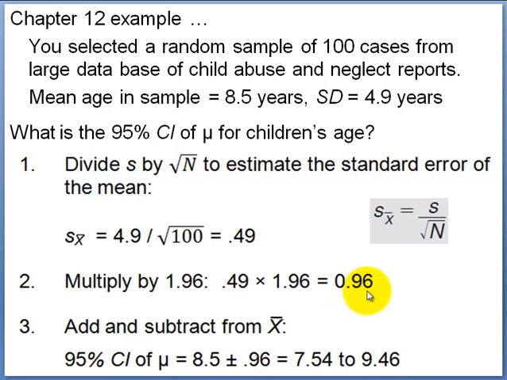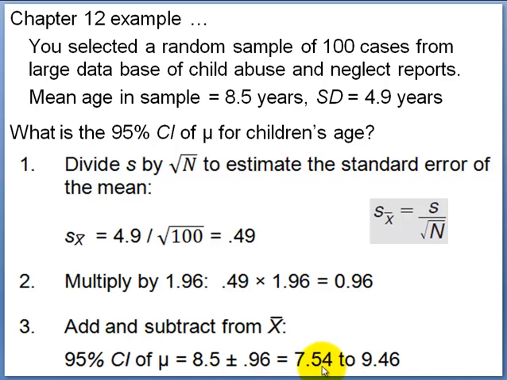And that comes to 0.96. So that is 1.96 times the standard error of the mean's estimate. And then the final step in the computation of our confidence interval is adding and subtracting 0.96 from the mean of the random sample.